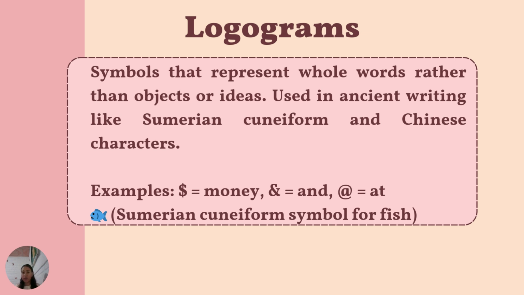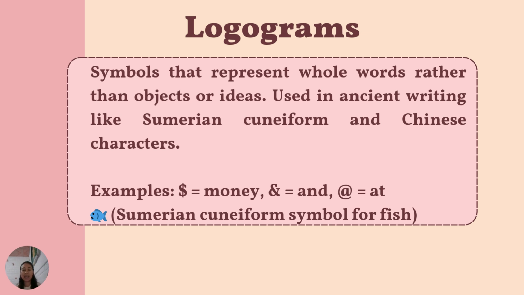We still use a few to date. For example, the dollar sign means the word money. The ampersand means and, and the at sign means at. So, in ancient times, a simple fish shape could represent the word fish.